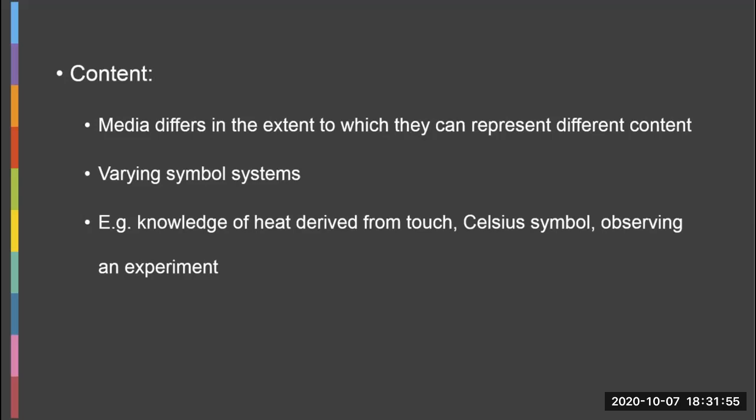These are different forms of learning the same or similar concept of heat and so on and so forth. So the point we are trying to get across is that in each of these cases, there is a different symbol system that is employed.